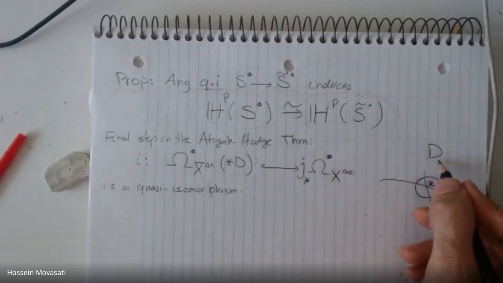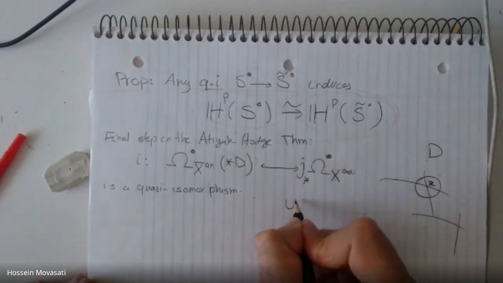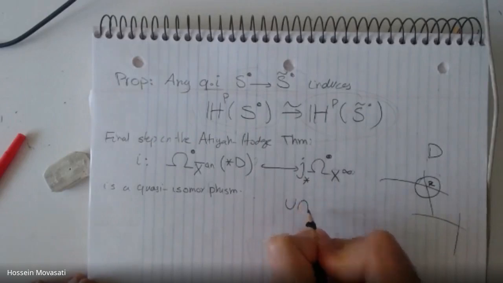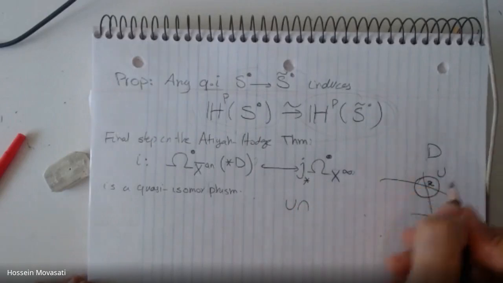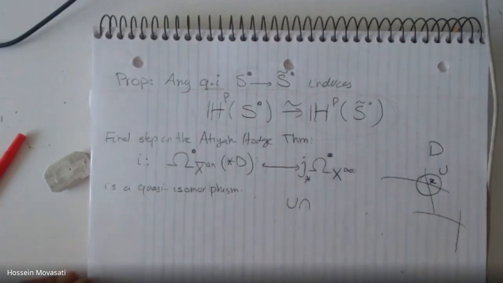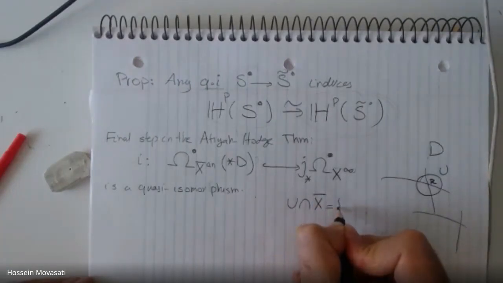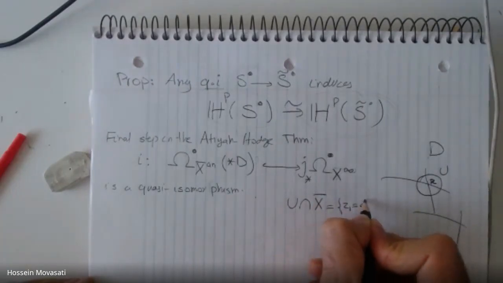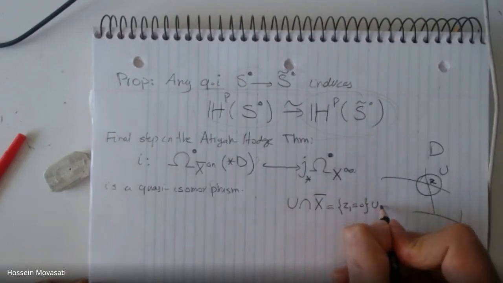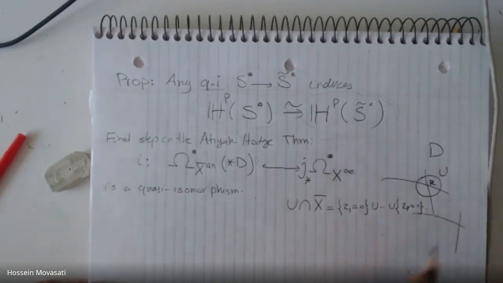But if x is in D, remember that at the end there is a neighborhood U of x such that U intersected with X bar is given by Z1 equal to 0, there are holomorphic coordinates, and so on, ZR equal to 0.